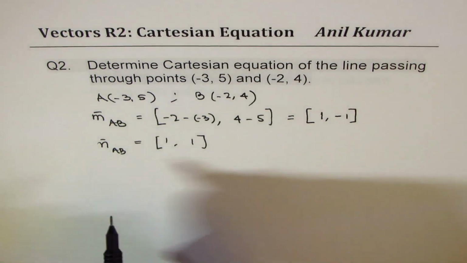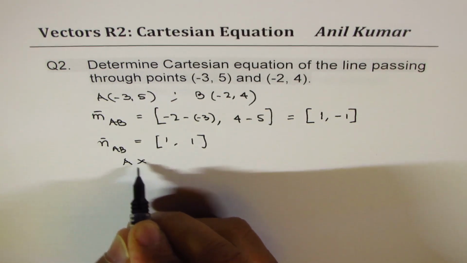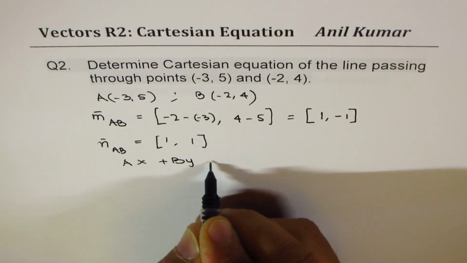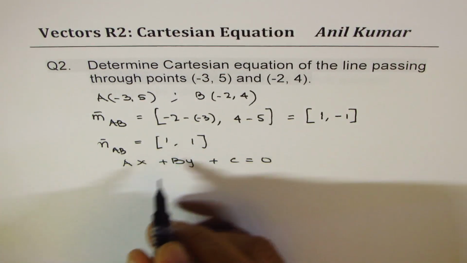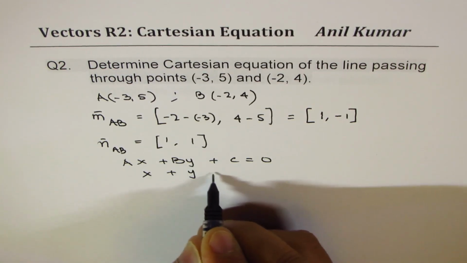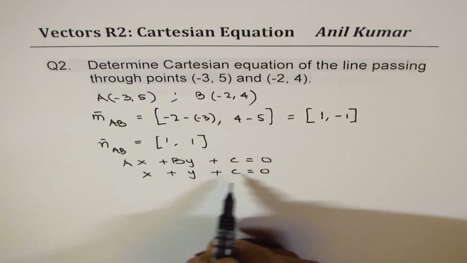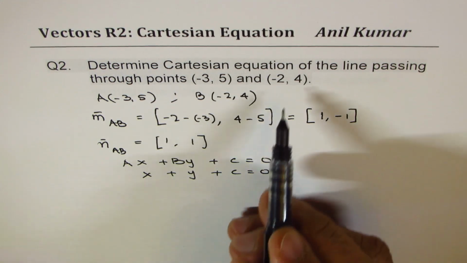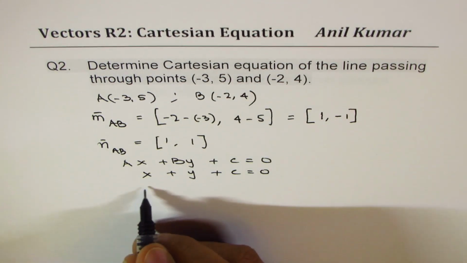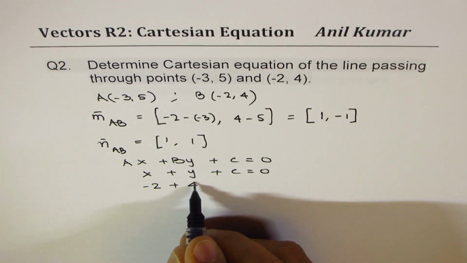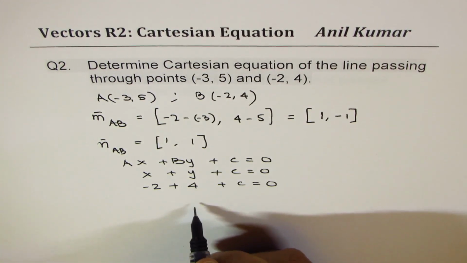If that is the normal vector, then the general equation is ax plus by plus c equals to 0. Replacing 1, 1 for a and b, we get x plus y plus c equals to 0. To find c, we can substitute either of these points. Let's substitute minus 2 and 4. So we get minus 2 plus 4 plus c equals to 0.